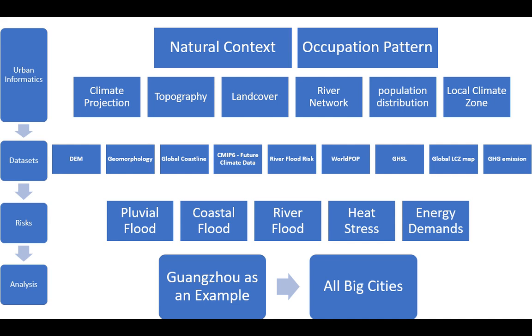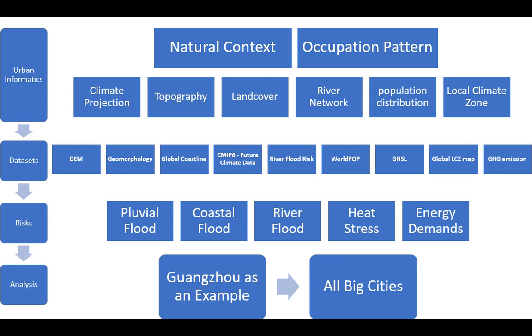In detail, we use these data sets to extract the information mentioned before. We have the DEM, which provides the elevation, and we have the geomorphology data. We have the coastline to analyze the proximity of the city to the ocean.